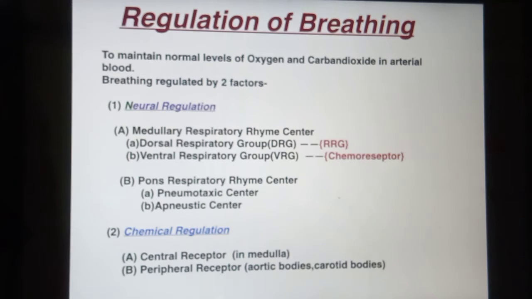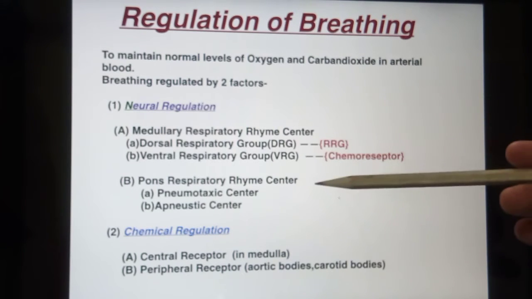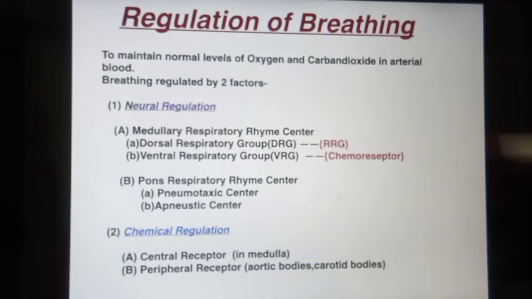The medulla oblongata and pons. The hindbrain has three parts: the cerebellum, the medulla oblongata, and third the pons. Two centers are present in the medulla and pons. They control the regulation of the breathing.